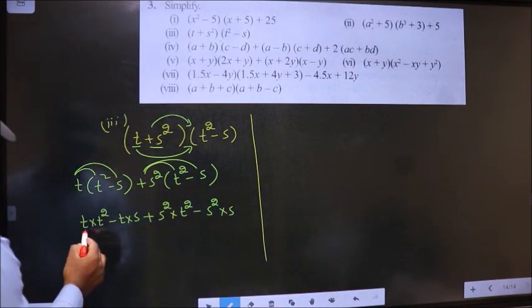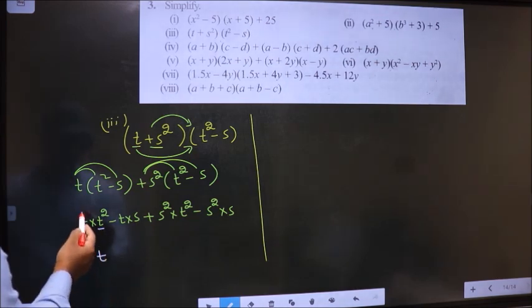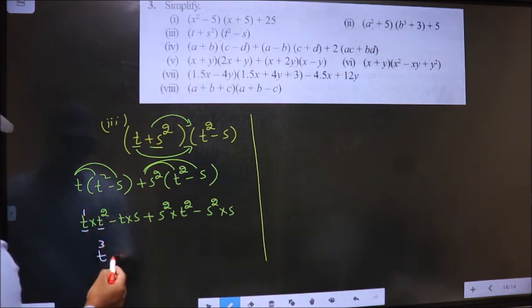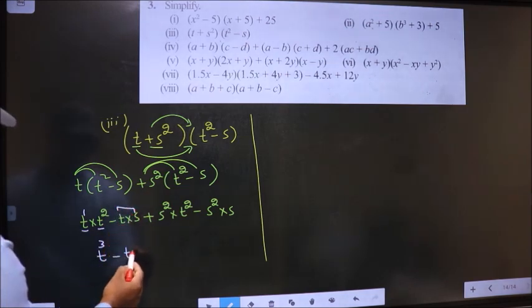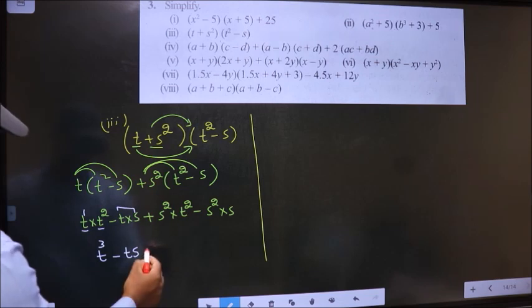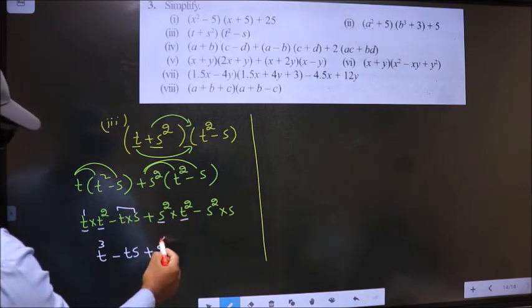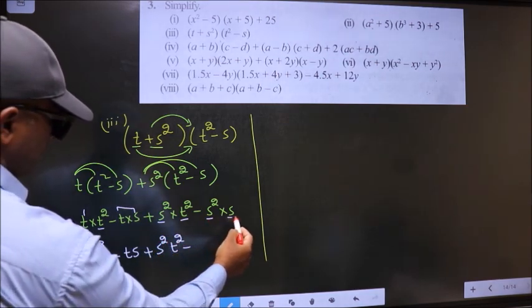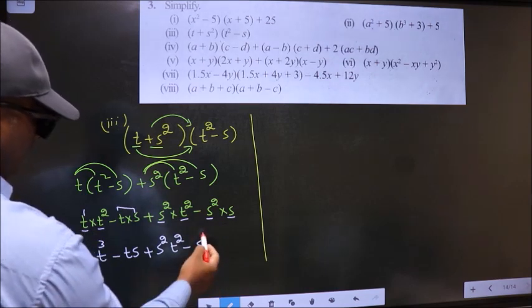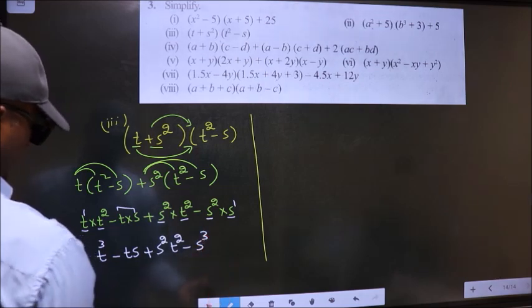Now here t, so we get t, and the power will be sum of the powers, that is 1 plus 2, 3, minus here the letters are different, so they will remain like that only, plus here also the letters are different, so they will remain like that only, minus here s, so you write s, and the power is, add the powers, 2 plus 1, 3.